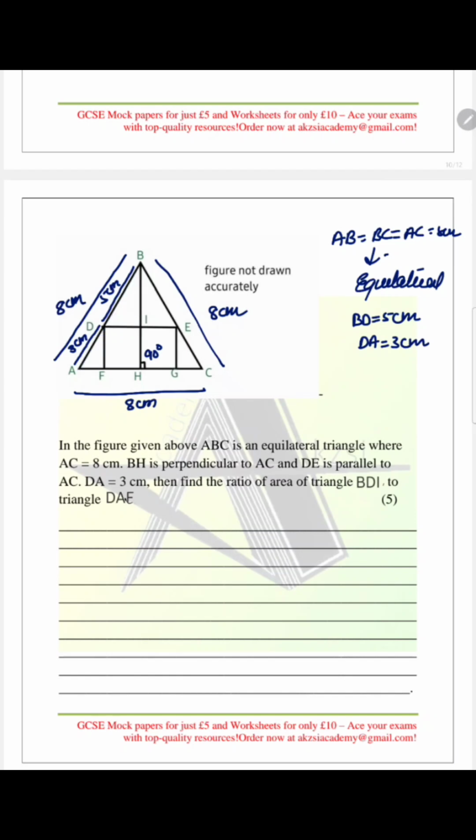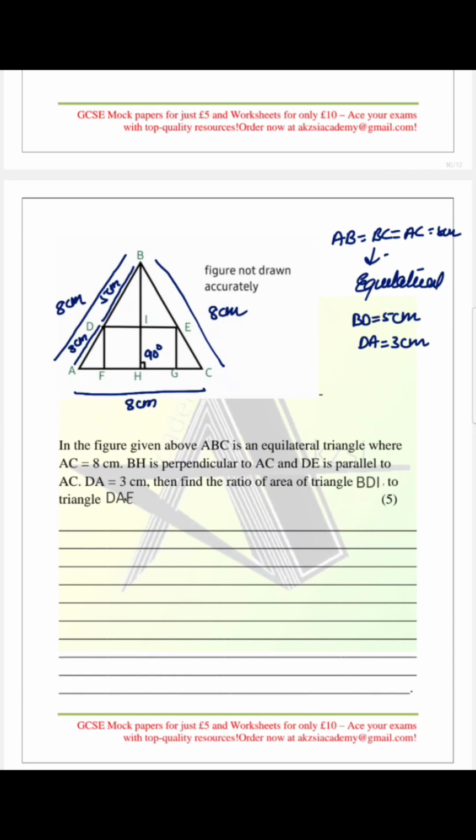If we'll be able to prove these two triangles similar, it's very easy for us to find the area. Because we are aware of only one side, it's not easy for us to find other sides, and no particular angles are even given, only 90 degrees, so it's very hard. So the best thing is, if we'll be able to prove that these two triangles are similar, we can easily find their areas ratio.